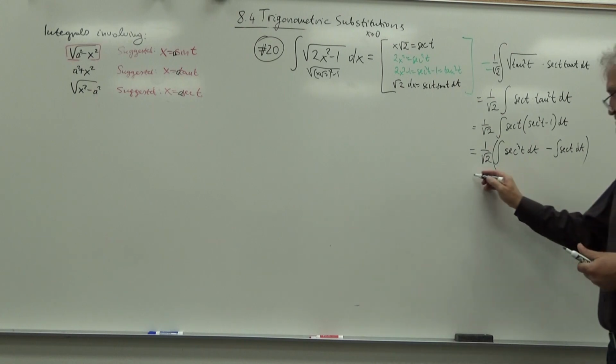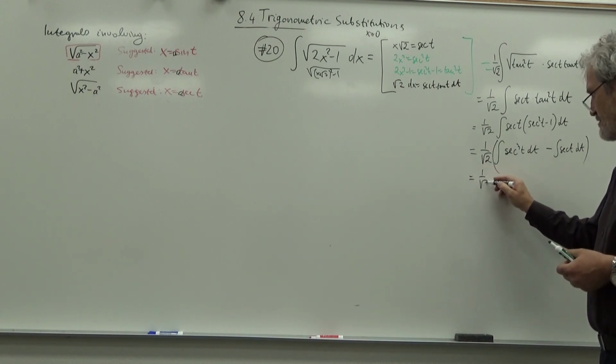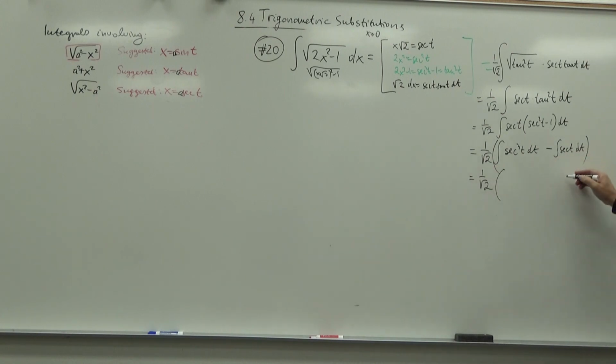And I know that the integral of secant t is ln, it should be absolute value, but we assume that everybody is positive, of secant t plus tan t.